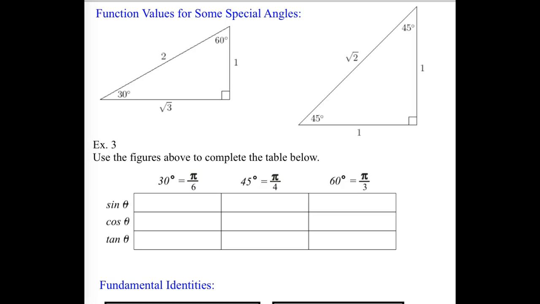Yesterday we talked about 30, 60, 90 triangles and the ratio of their sides. When we introduced it earlier, we said our short side would be opposite the 30-degree angle, and we called that x, right? We said hypotenuse was 2x, and the long leg was x root 3.